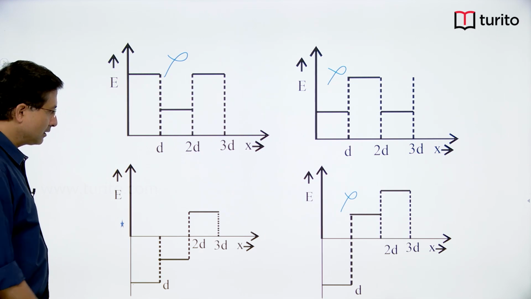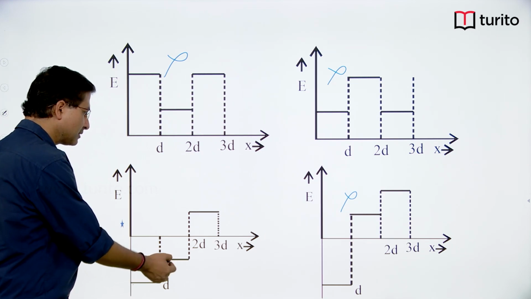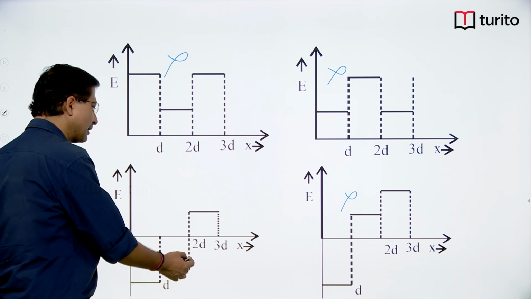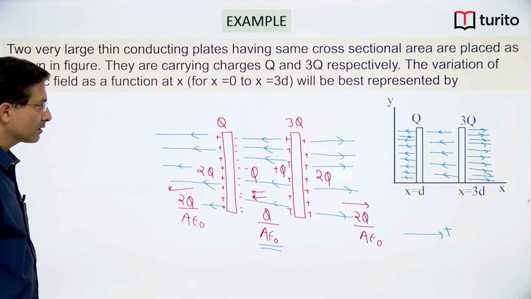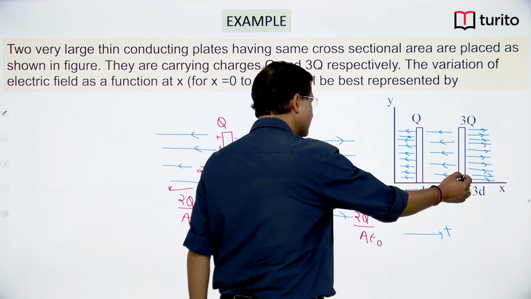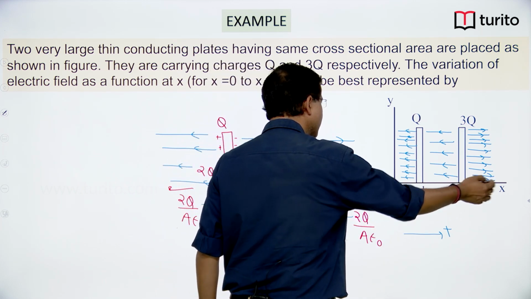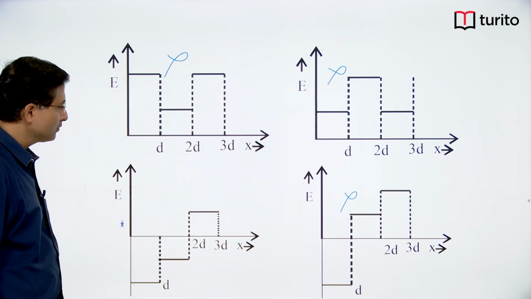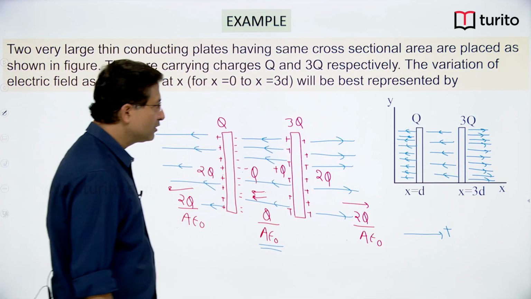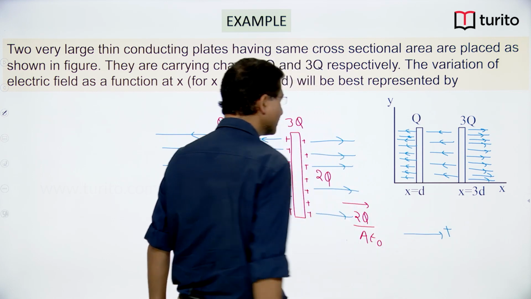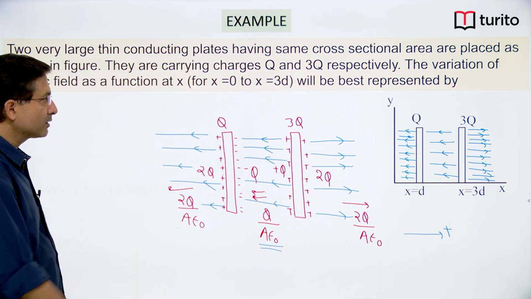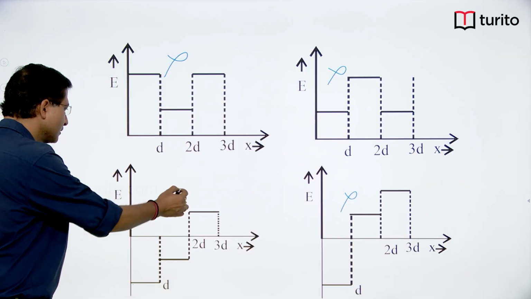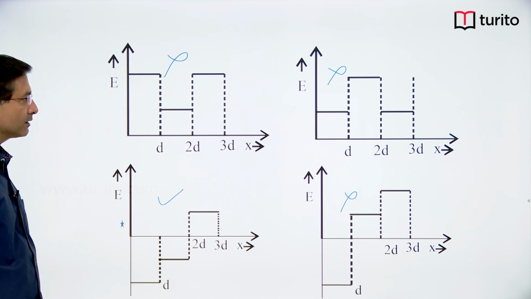So here from d to 2d it is less in magnitude as compared to between 0 to d, and then as you cross 2d again it becomes positive. When you cross x equal to 3d, then it is positive, right. So from d to 3d it is negative, and from there on it will be positive, right. So this is the best suited graph.